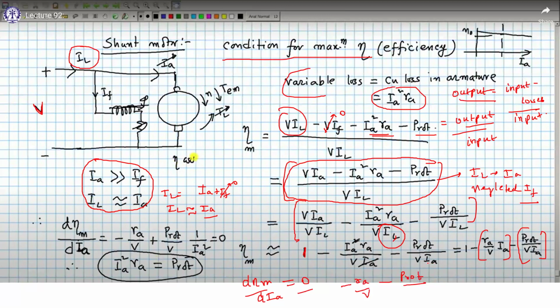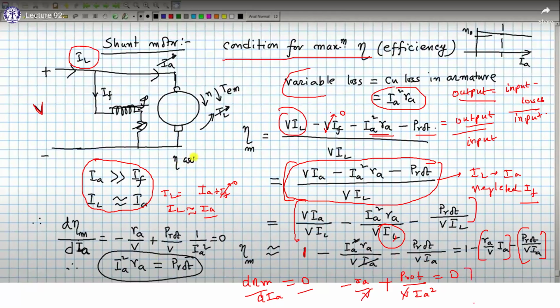What is the derivative of minus 1 by x? The derivative of 1 by x is minus 1 by x square, but here there is already another minus sign, so this minus will become plus. So this becomes plus P rotational by VIA square. Okay, so this derivative is 0. So you can cross multiply to 0.